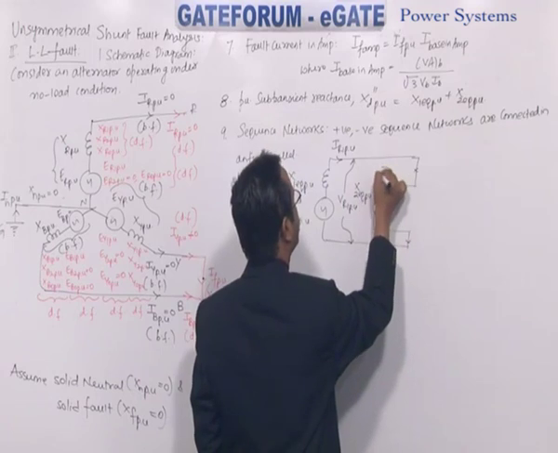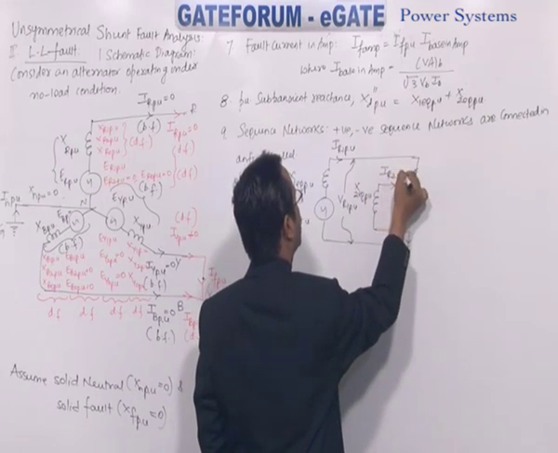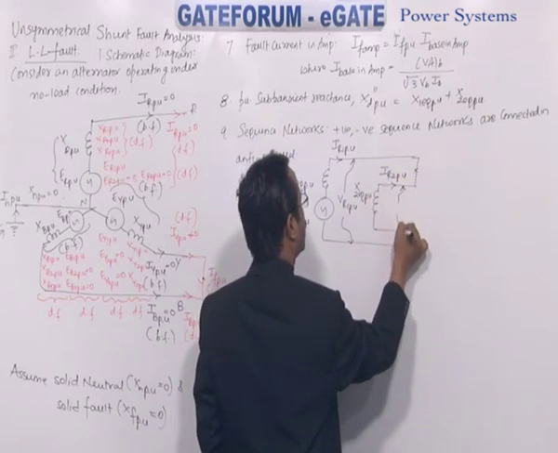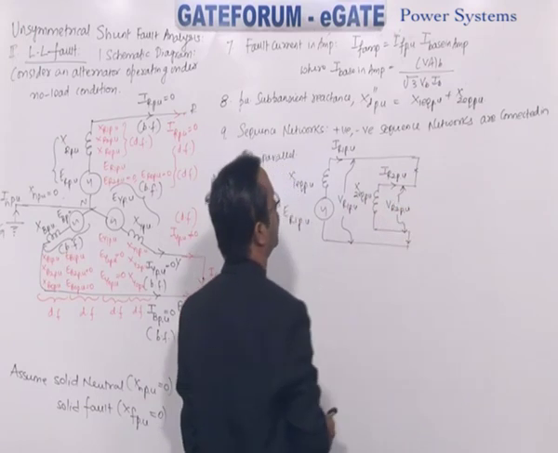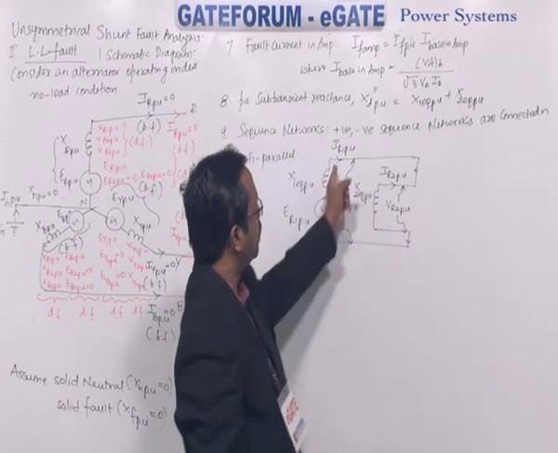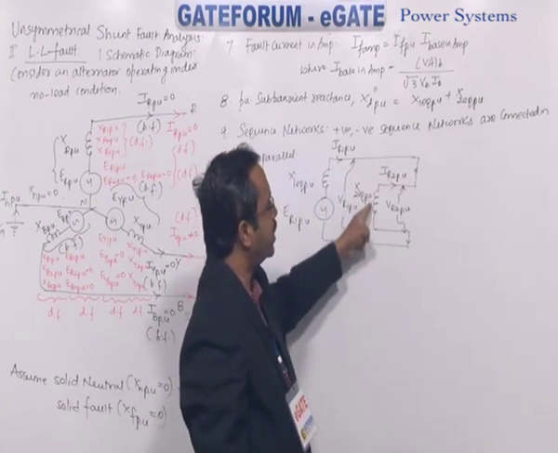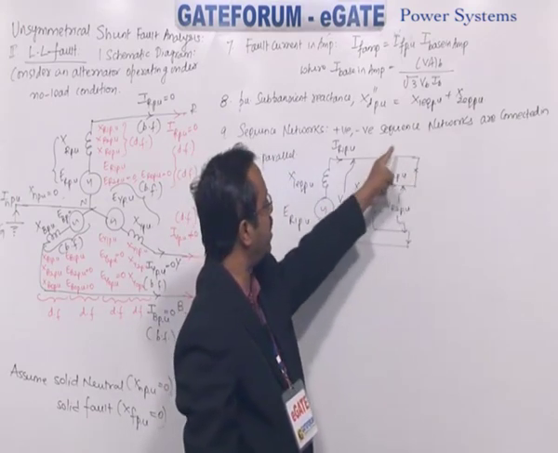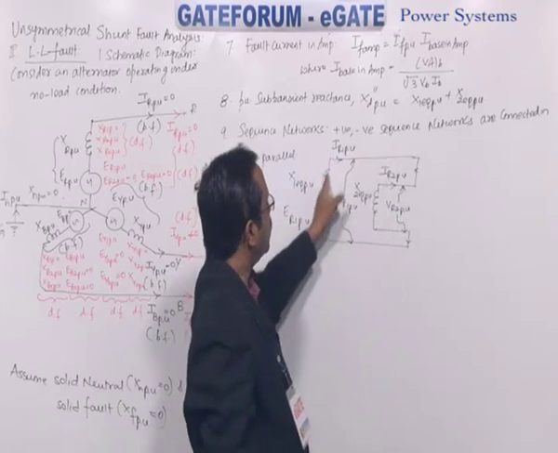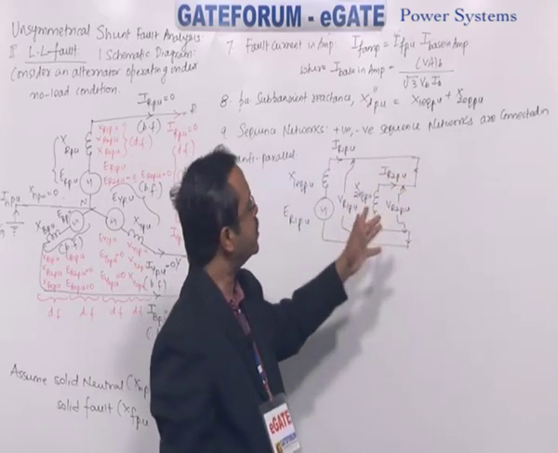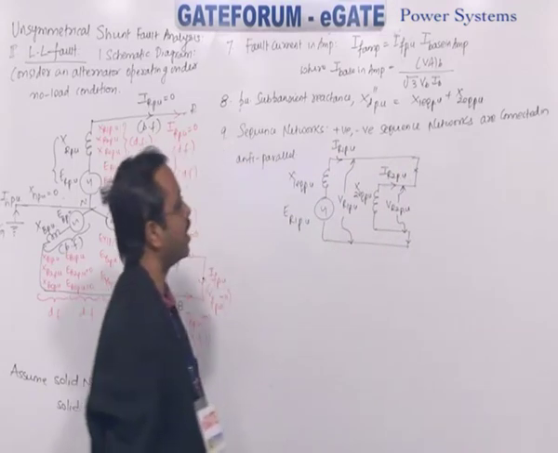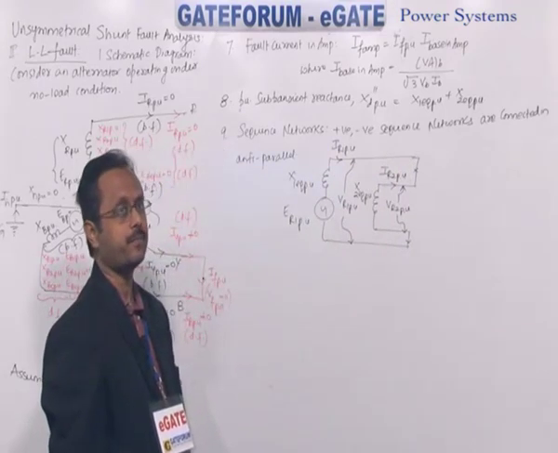How much current? IR2 per unit. What is terminal voltage? VR2 per unit. You can observe IR1 per unit equal to minus IR2 per unit, and the total reactance is the sum here. This we name as anti-parallel connection.